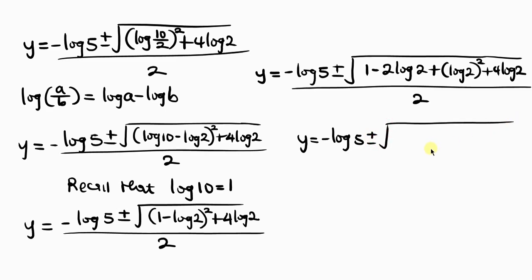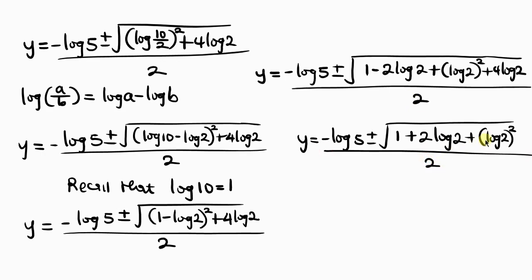Now, simplifying this, you see that we have 1. Now, let's work on this and this. So this is negative 2 log 2 plus 4 log 2. I'll have plus 2 log 2. And then plus log 2 squared all over 2.